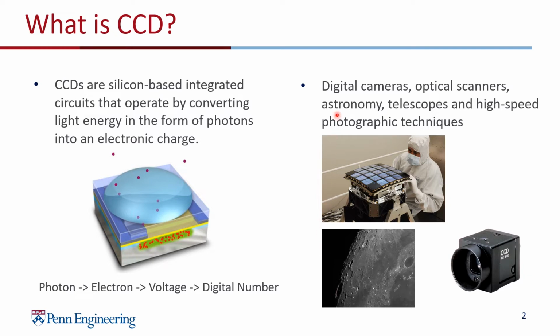Where can we see CCD then? CCD image sensors are widely used in professional, medical, and scientific applications where we need high-quality image data, such as single-cell imaging, astronomy, spectral telescopes, and high-speed photographic technologies. This is one of the examples, which we call lucky imaging.